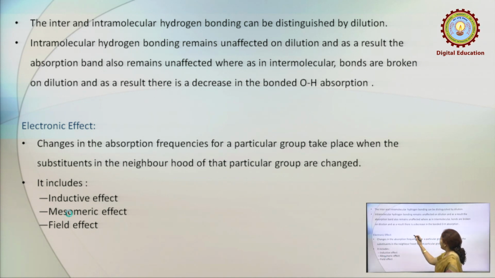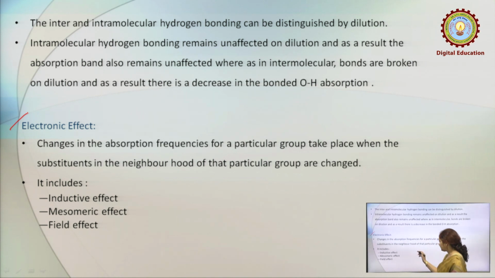Now, after hydrogen bonding, we discuss the next effect, which is the electronic effect. A change in the absorption frequency for a particular group takes place when the substituents in the neighborhood of that group are changed.